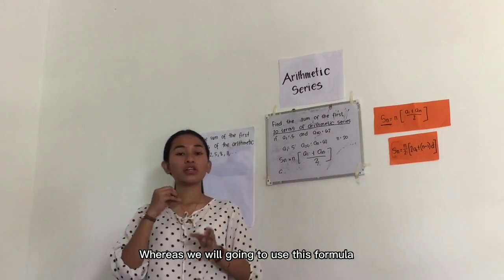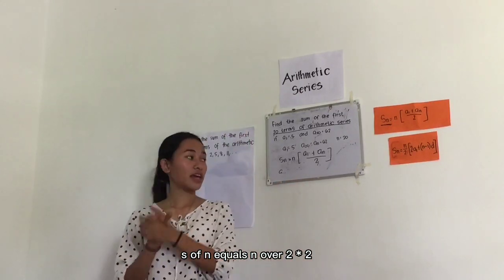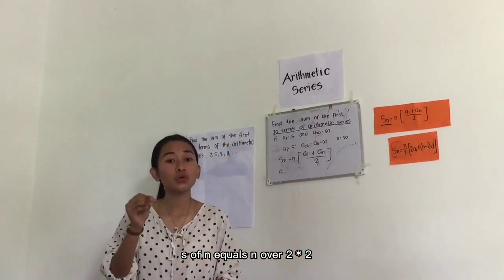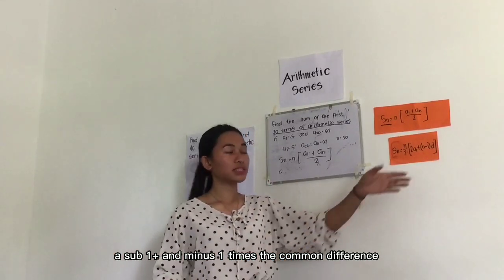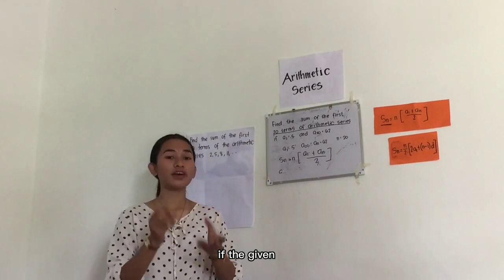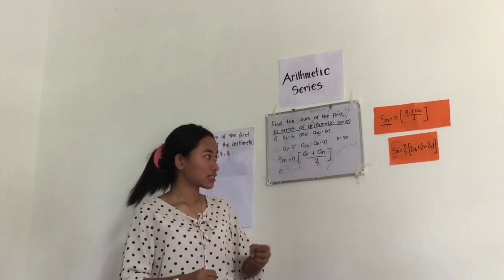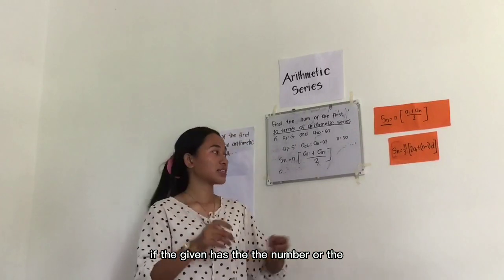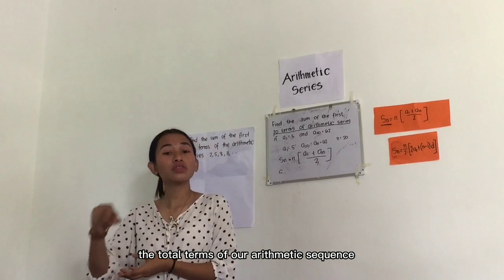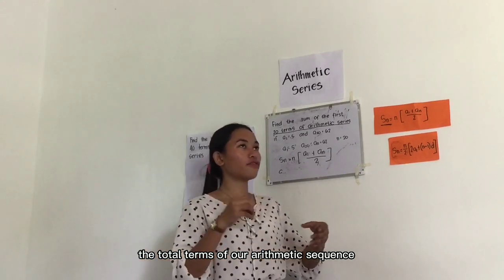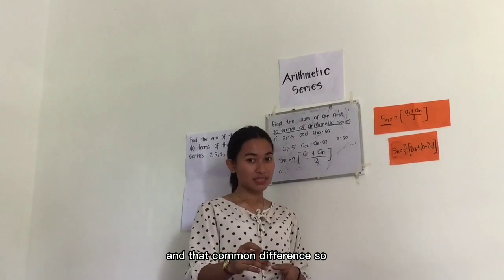Whereas we will use the formula S sub n equals n over 2 times 2 a sub 1 plus n minus 1 times the common difference if the given has the number of terms of the arithmetic sequence and the common difference.